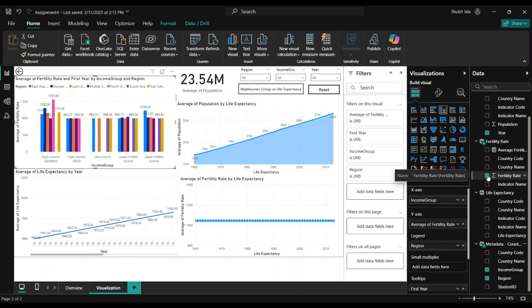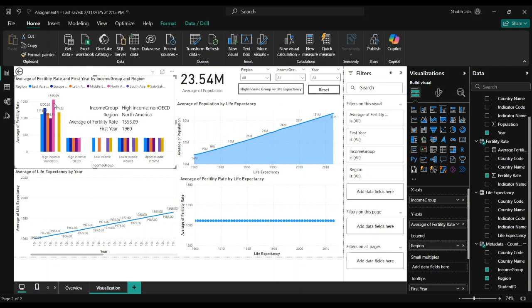Here is the output of this visualization, and for this I took the column bar chart. The highest average fertility rate is 155 in the year 1960, from the high income group, non OECD, and the region is North America.